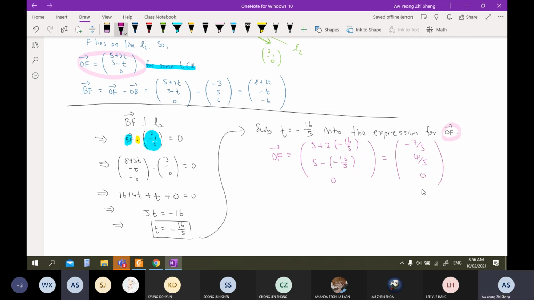The question is not asking for the position vector of F, it's asking for F itself. And so your answer should be given in coordinate form. They ask for the foot of perpendicular, so they expect the answer given in coordinate form, because it's not asking for position vector. So at the end, you just need to convert the answer into coordinate form.